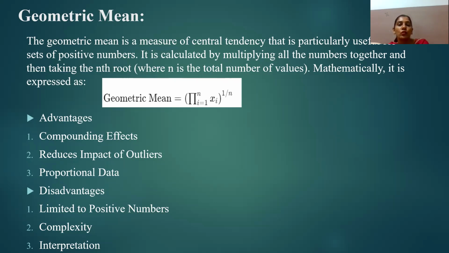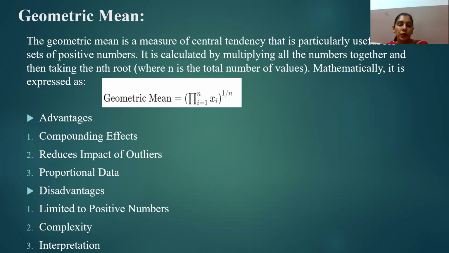The calculation of geometric mean requires multiplication and extraction of roots, which might be more difficult than calculating the arithmetic mean. So it is a more complex method of calculating the mean as compared to the arithmetic mean.